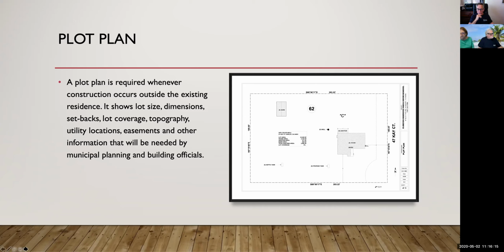Lot coverage, there are limitations with respect to the amount of construction that you can place over an existing lot. Topography, utility locations, easements, and other information that will be required and needed by the municipal planning and building officials.